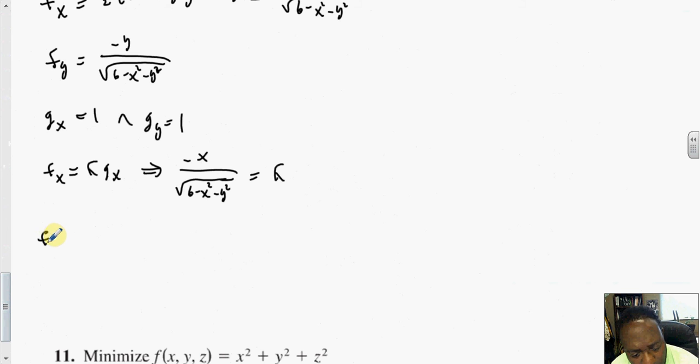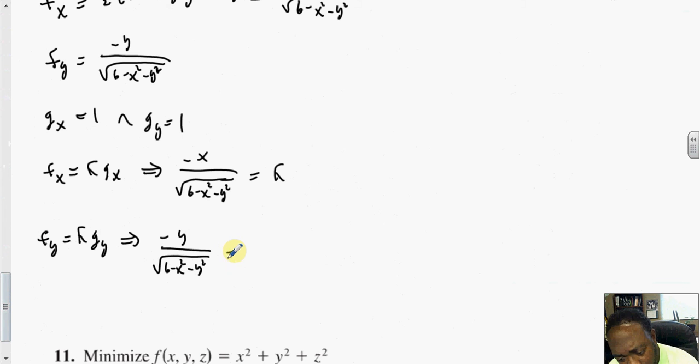Now for this one, the partial of f with respect to y is the same thing as lambda times the partial of g with respect to y. This implies that we have negative y over the square root of 6 minus x squared minus y squared is equal to 1 times lambda.